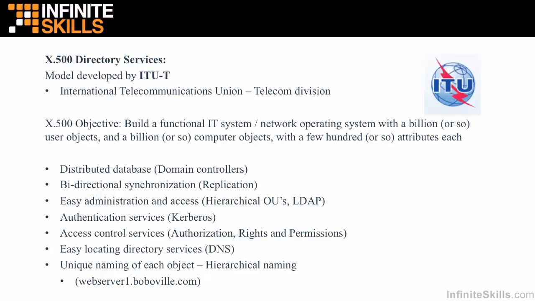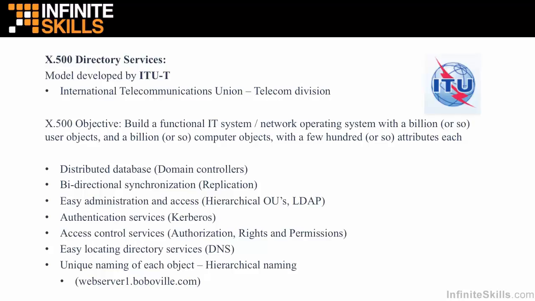In addition, we need these users to be able to connect to these directory service systems, these domain controllers, and they need to be able to identify where they are. And this is over an IP network, so we need IP connectivity. In other words, we need name resolution services.